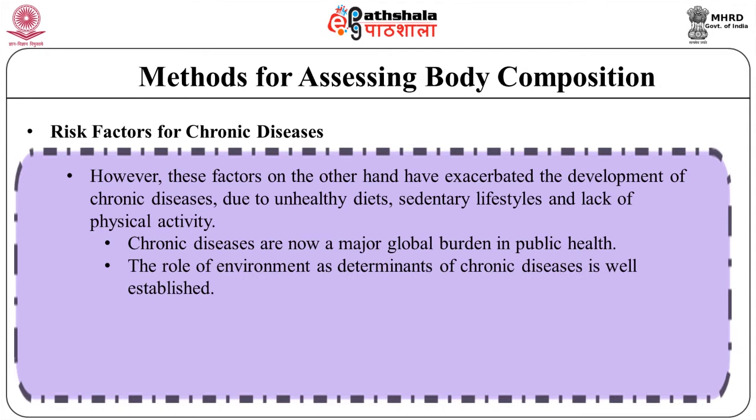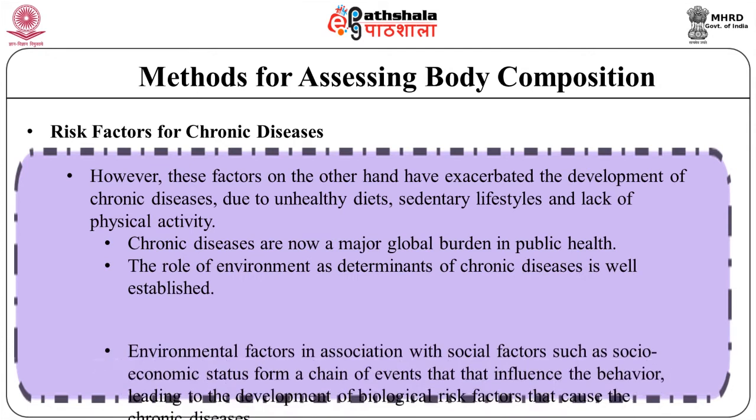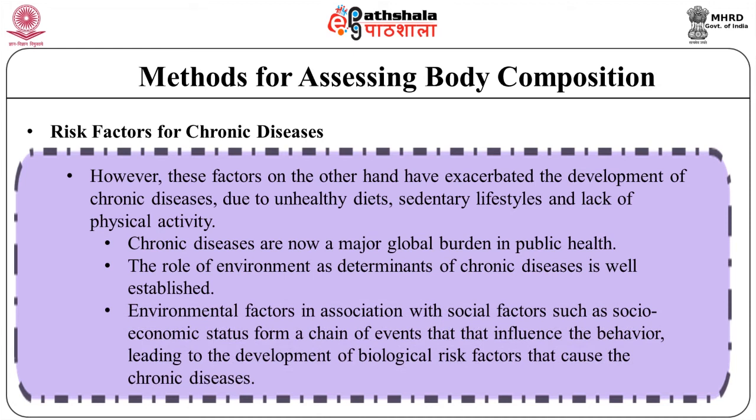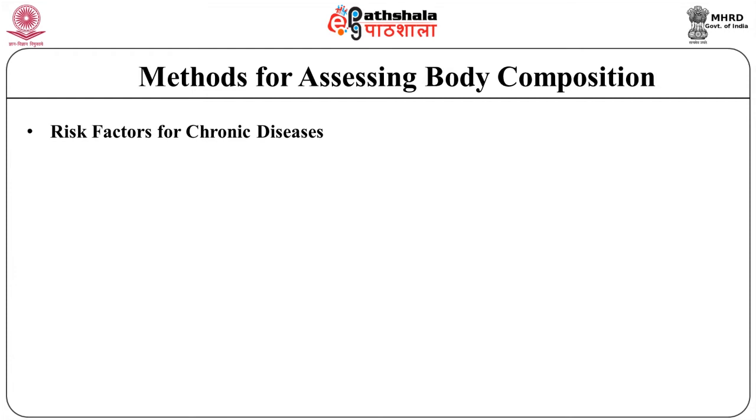The role of environment as a determinant of chronic disease is well established. Environmental factors in association with social factors such as socioeconomic status form a chain of events that influence behavior, leading to the development of biological risk factors that cause chronic diseases.